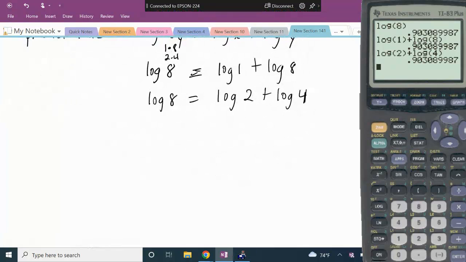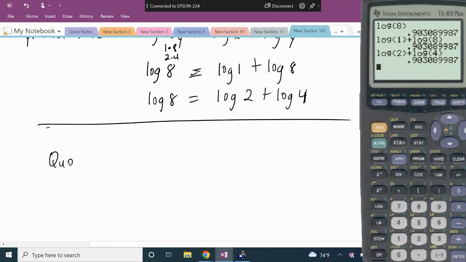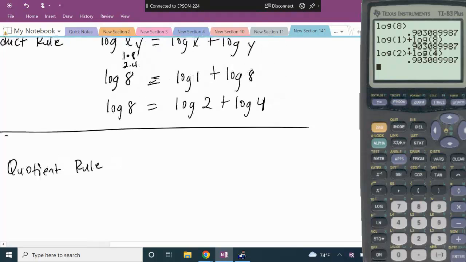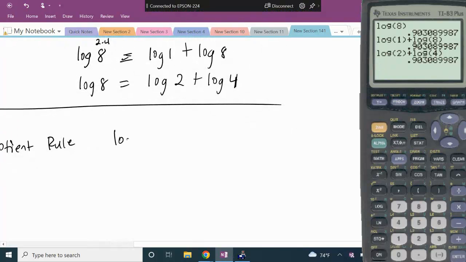Next, we're going to take a look at the quotient rule. The quotient rule says that the log of x divided by y is equal to log x minus log y.